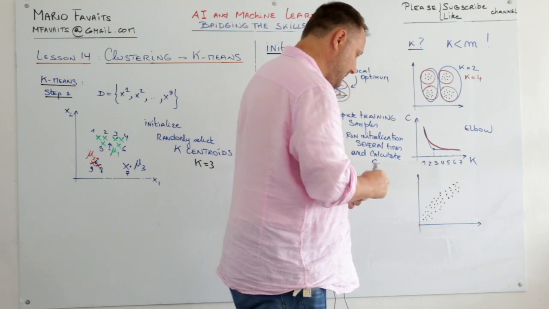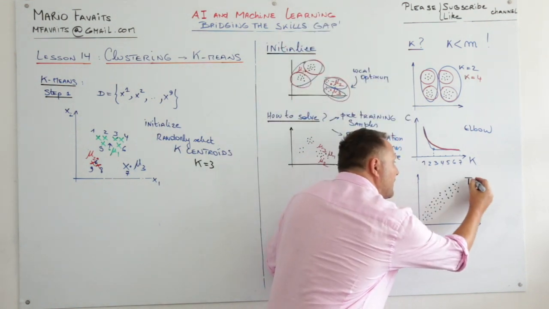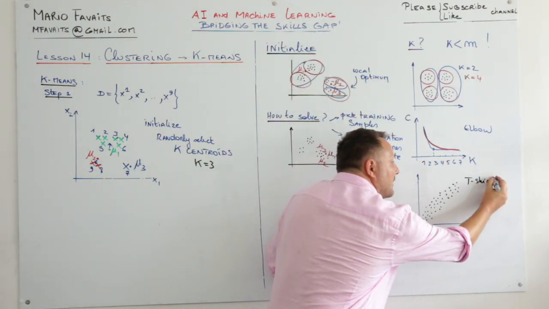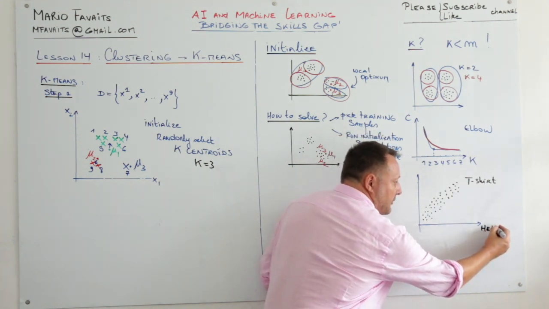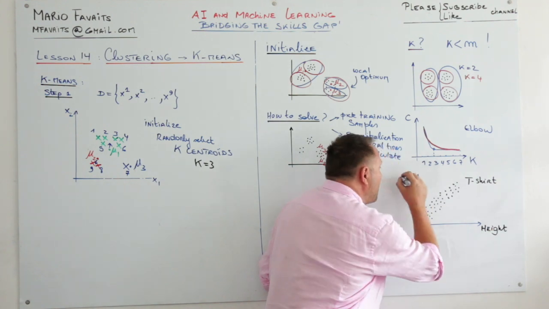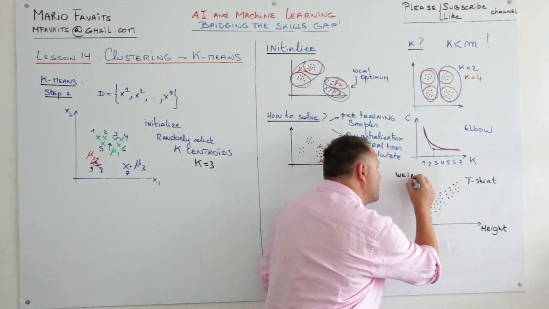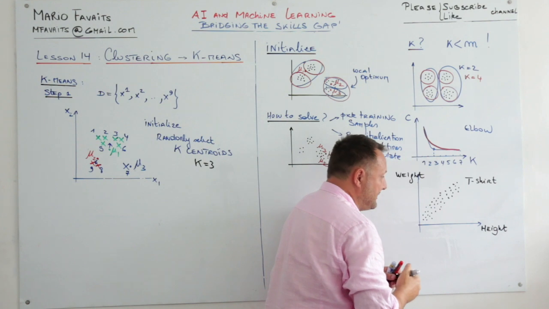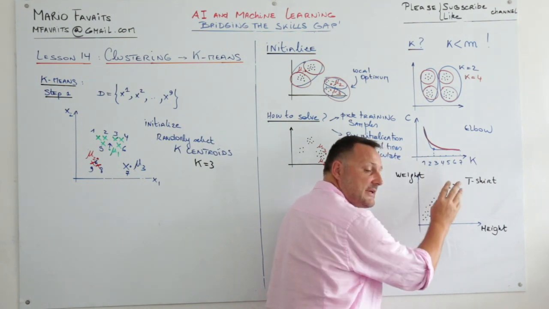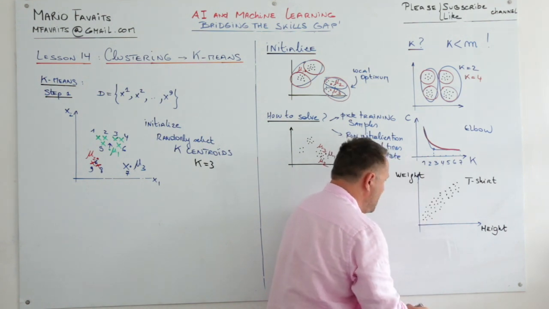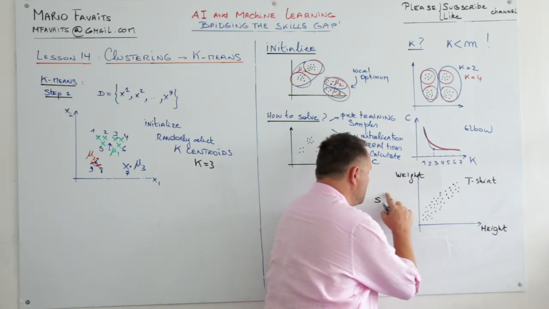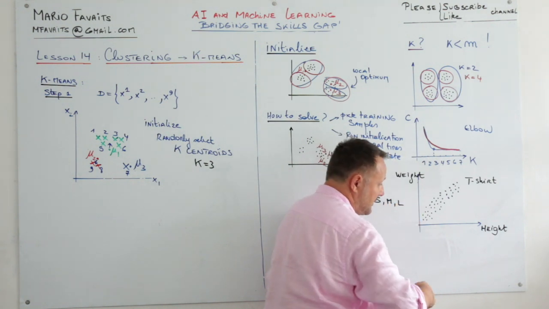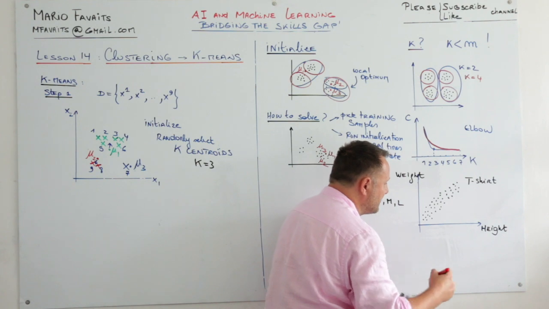Here, for example, you have a t-shirt manufacturer, and here you have the height of a person, and here you have the weight of a person. And this will correlate positively with the size of the t-shirt. You could say I want small, medium, and large. Then you have something like this.